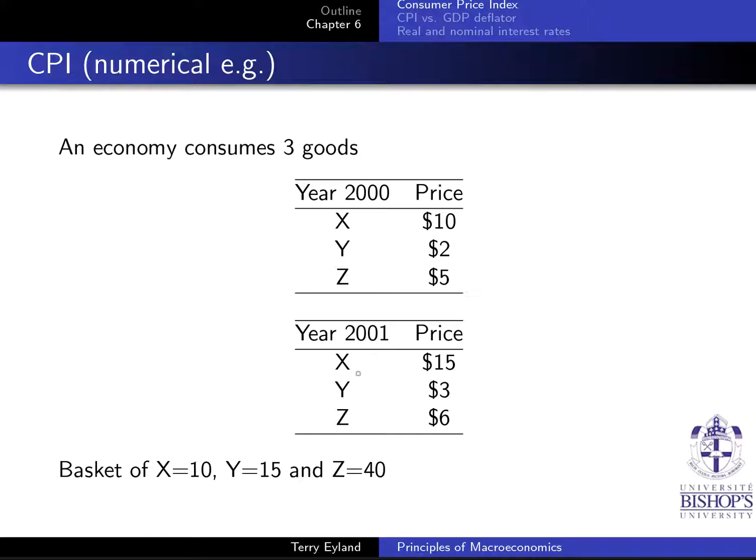You're spending equal weights. But in reality, the weights are different. We could see here that Z accounts for a greater amount of our basket than X and Y. Therefore, X had 50% inflation, Y had 50% inflation, but Z only had 20% inflation.